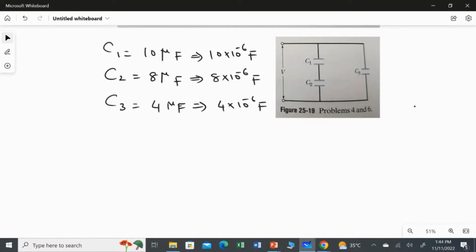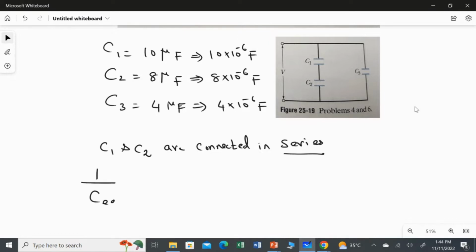In this figure, C1 and C2 are connected in series, right? Now I'm going to use the rule for the series. What is the rule for the series? 1 over the equivalent capacitance, or total capacitance, both are the same.